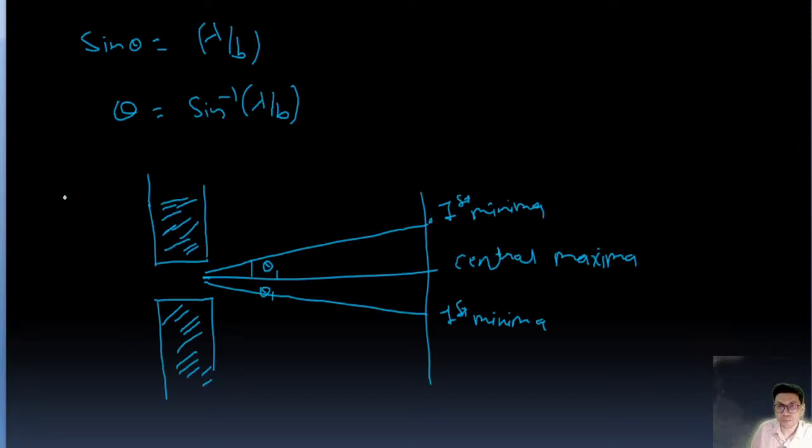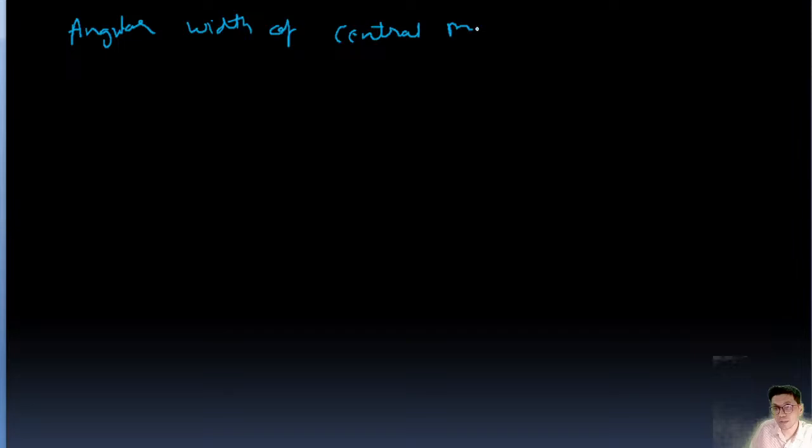And from here also, the angular width of central maxima, theta c, is 2 theta 1. Okay, this you need to also note down: the angular width of central maxima, theta c equal to 2 theta 1, and theta 1 value we know, right?